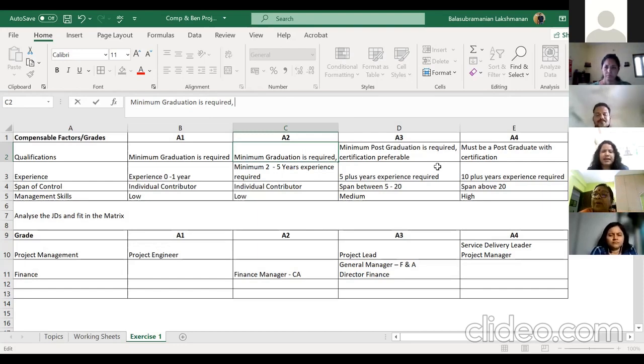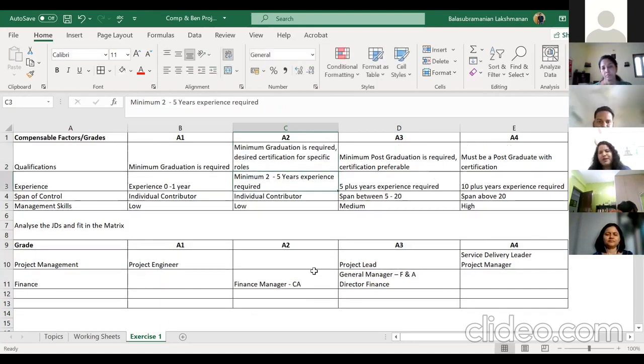Okay. Bala, as you recommended, it's better to revise the A2 to minimum graduation plus desired certifications. Certification for specific departments we might need. That is why we had added that desired certification. Roles we can mention. See, for example, even in IT companies, we have most of them as IC, right?